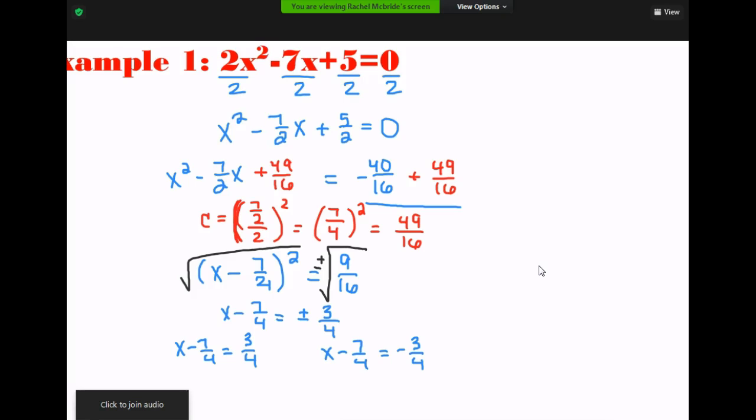And then you are going to combine like terms. So we're going to add 7/4 to both sides. So by adding 7/4 to both sides, you get x equals 10/4.